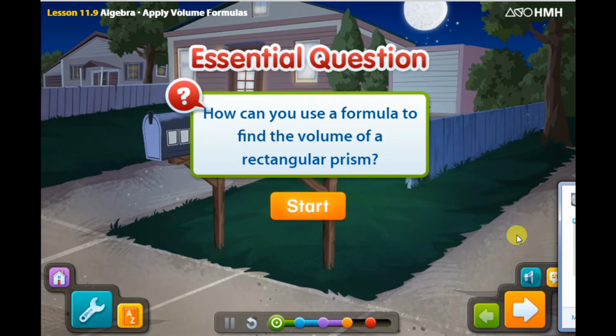And we said before, the volume of a rectangular prism equals how many unit cubes can fill this rectangular prism without any gaps or overlaps. However, to calculate this volume, you have to know how many cubes in each layer multiplied by how many layers.